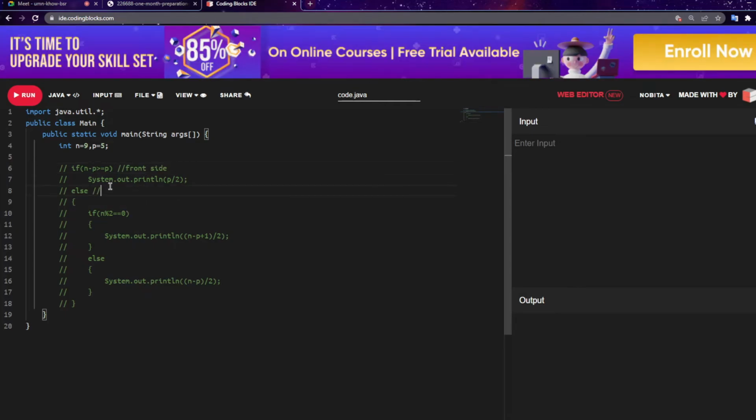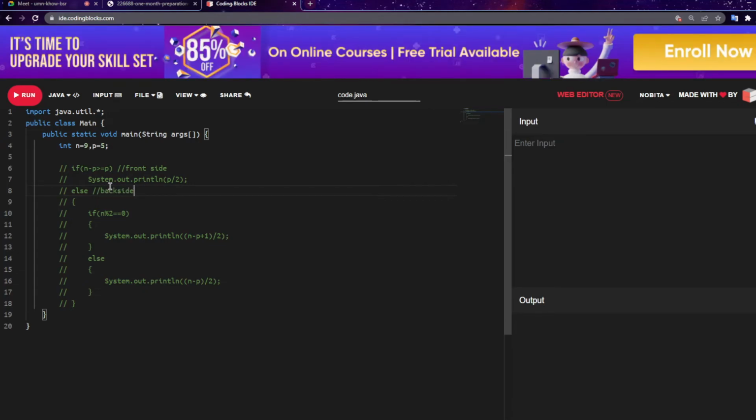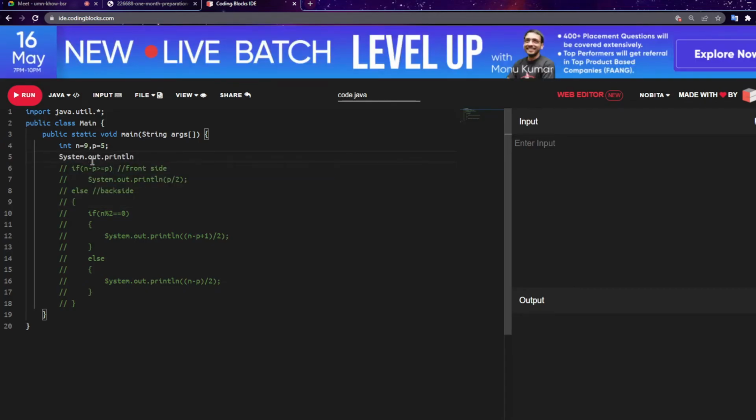So I will check both, but I will calculate which is minimum. Suppose if I take from the front side there are 5 pages, from the back side it is 3 pages, so which is minimum? 3 pages is minimum, so I will calculate like that.